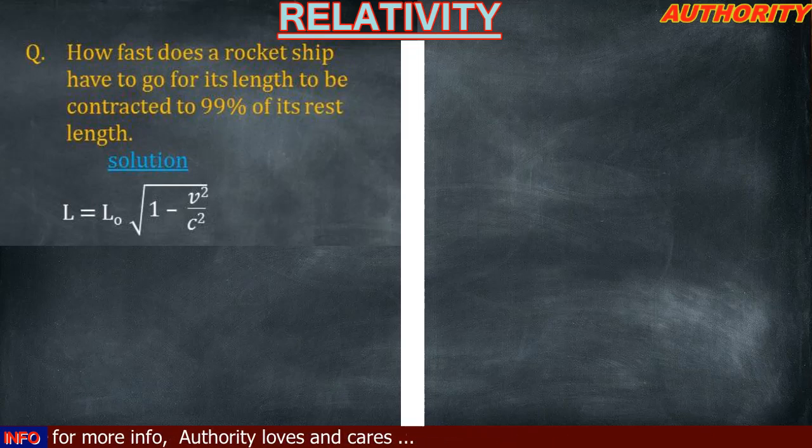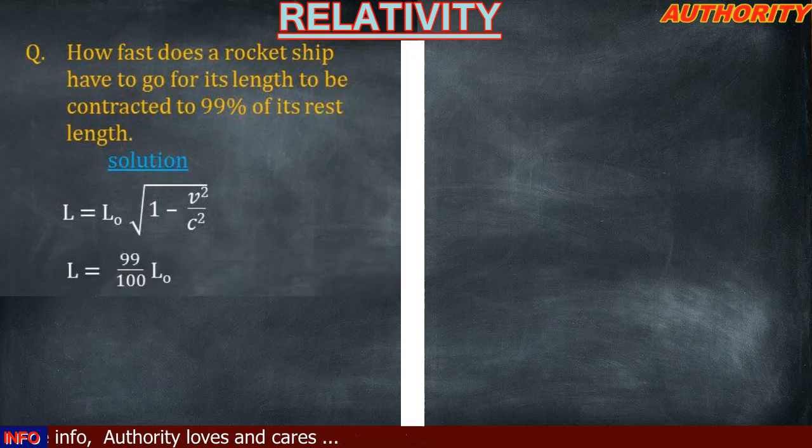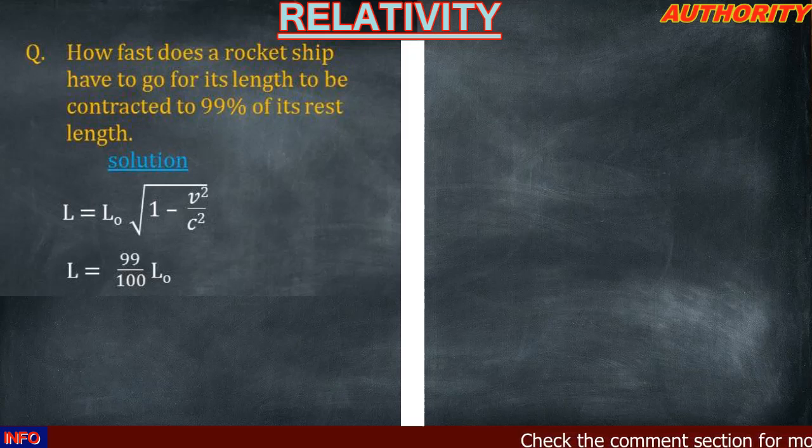That is to say that length contraction, which is L, is the same as 99% of proper length. That is going to say 99 all over 100, the percentage of the proper length, L naught. Is that true? Good. Now we say contracted length, which is L, is equal to 99 all over 100 of proper length, which is L naught.